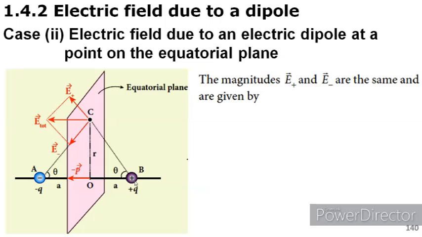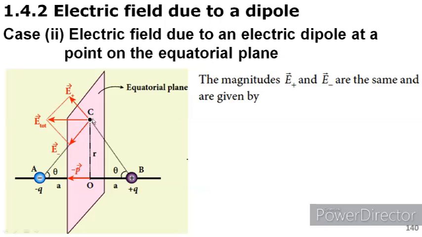Here, due to this positive charge, point C will experience a field and it will act along this direction. Due to the negative charge, this point will experience a field and it will act along this direction. How do you mention the direction of the electric field?